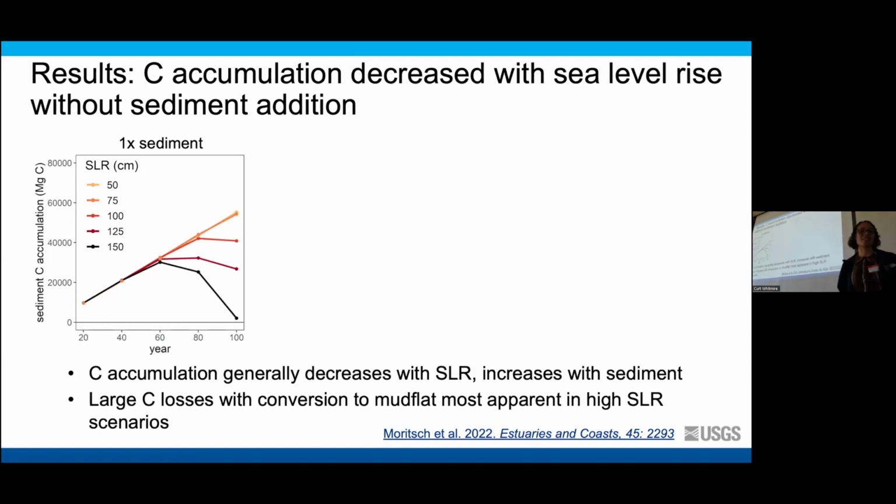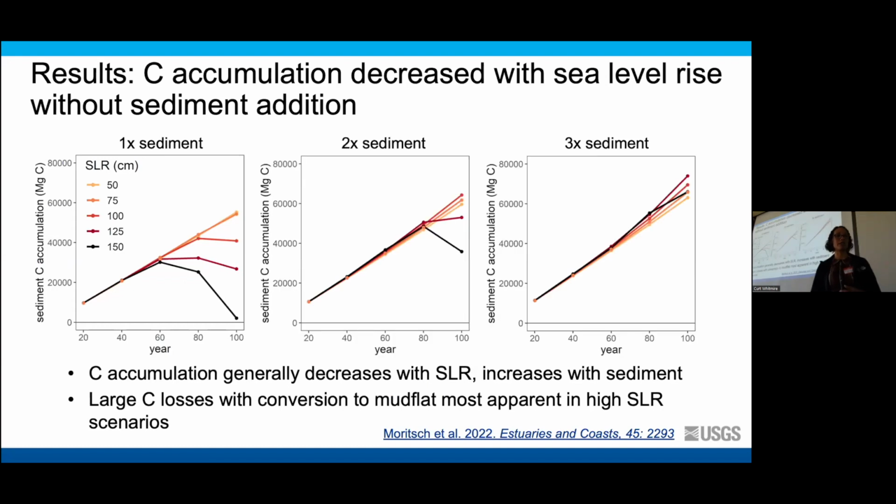And this is largely driven by conversion to mudflat, and that basically has the potential to release a lot of the stored carbon when the vegetation can no longer grow and it's no longer able to trap carbon in the same way. But we see that when sediment doubled, you can better hold on to this carbon, and the total carbon accumulation is actually up to 34,000 tons higher than in just the baseline levels of sediment.